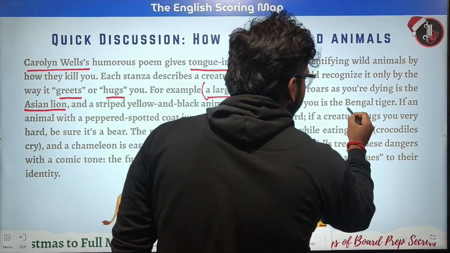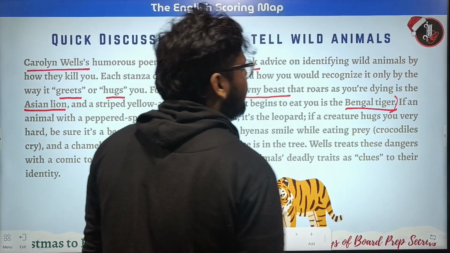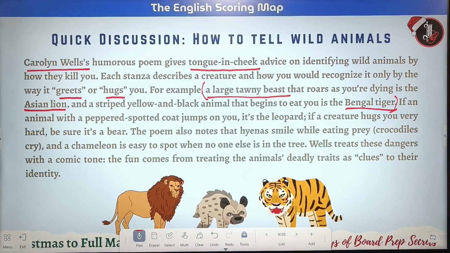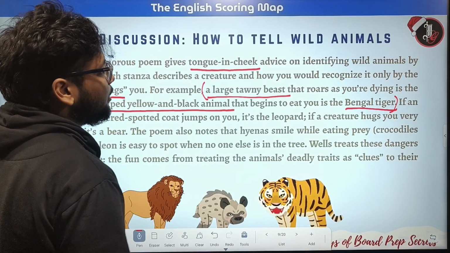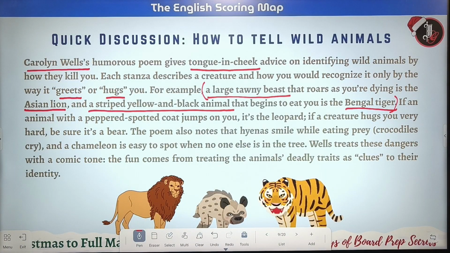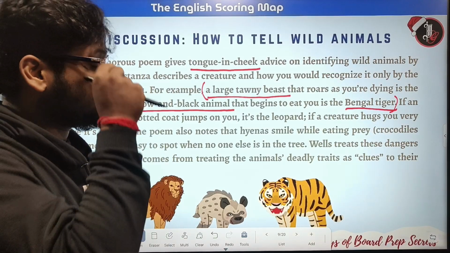That's how he described the Asian lion and the Bengal tiger. So remember this: a striped yellow and black animal that begins to eat you is the Bengal tiger.